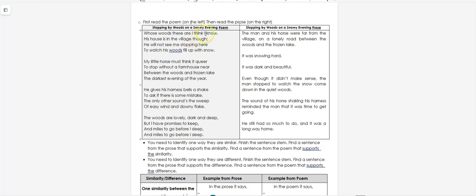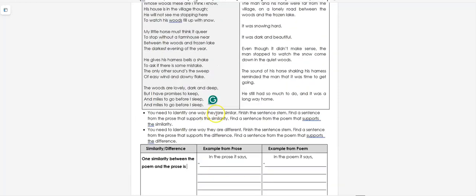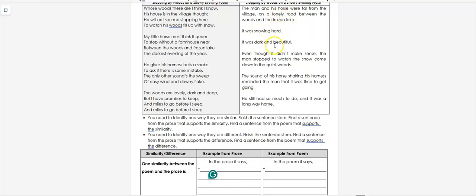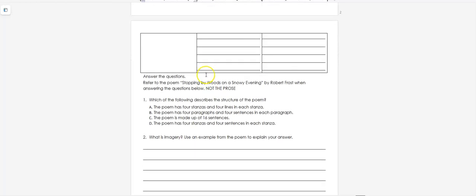I've taught the students what words we look for when we're looking for rhyme: know, though, snow, queer, near, year, shake, mistake, flake, deep, keep, sleep, right? The prose does not have these: lake, hard, beautiful, woods, going, home. None of those rhyme. So you could say one difference is the rhyme scheme. In the prose it says frozen lake, snowing hard, beautiful. In the poem it says no, though, snow.